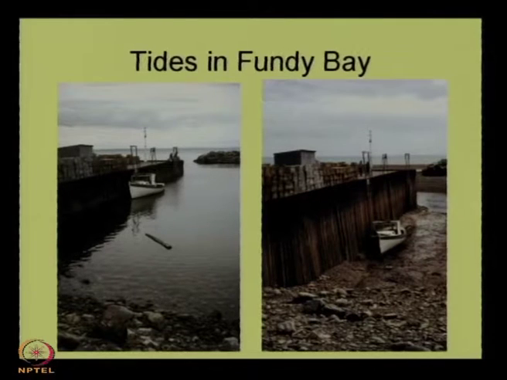This picture is of a place called Fundy Bay, and it shows you the same location at high tide, where the level of the water is high, and at low tide where the level of the water has gone down considerably and the sea has receded quite some distance.